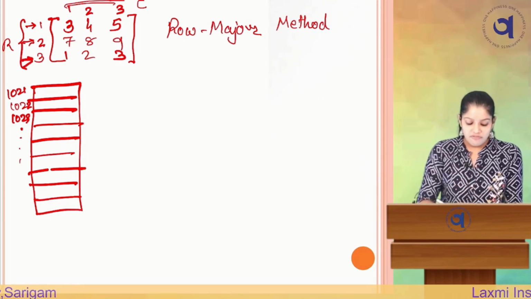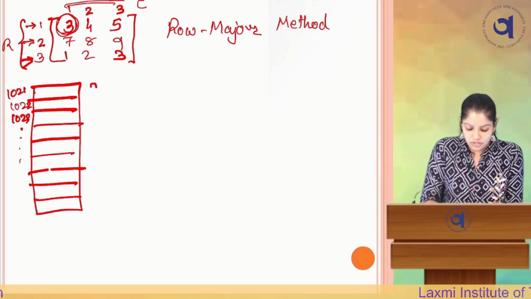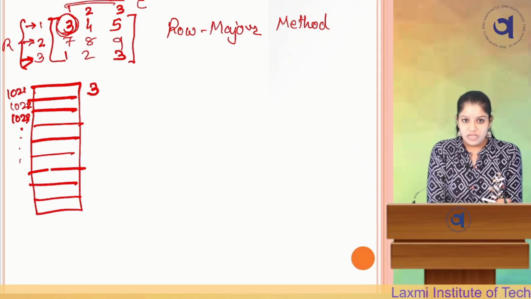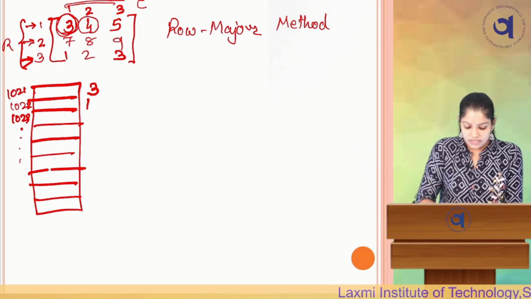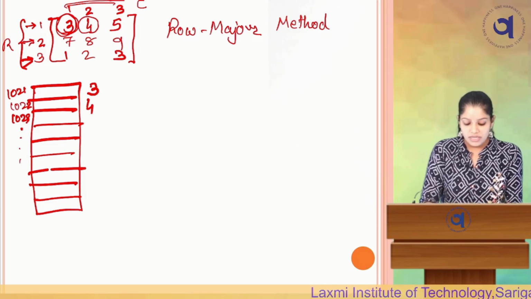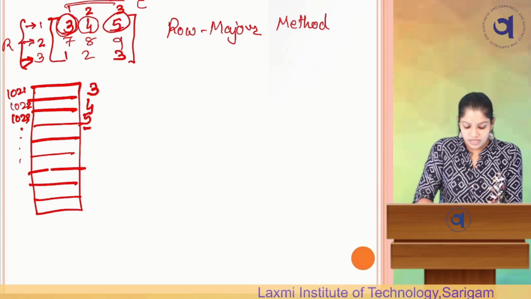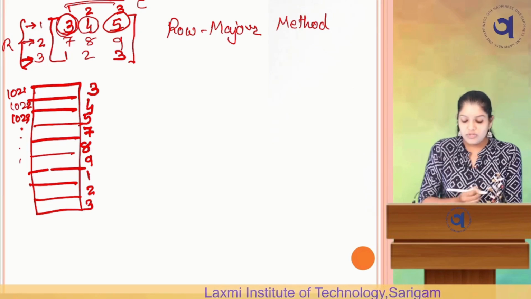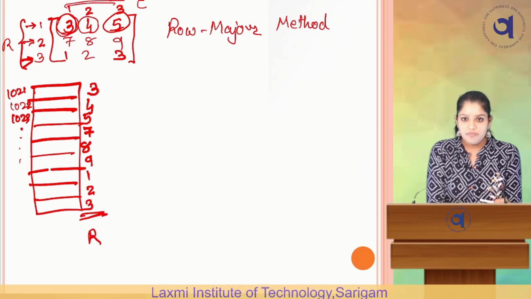So, in the first row, the first element 3 is going to be stored over here. Then the next element, 4, is stored over here. Then the next one is 5, which is stored over here, and similarly 7, 8, 9 and 1, 2, 3. This is using the row major method.